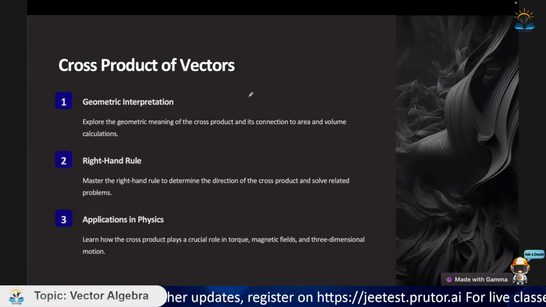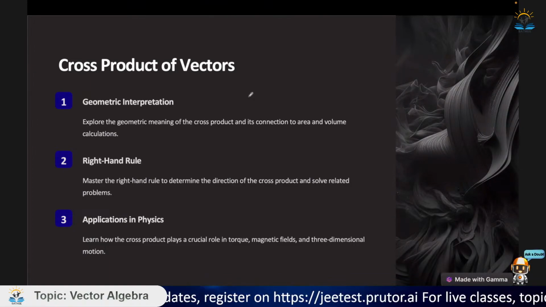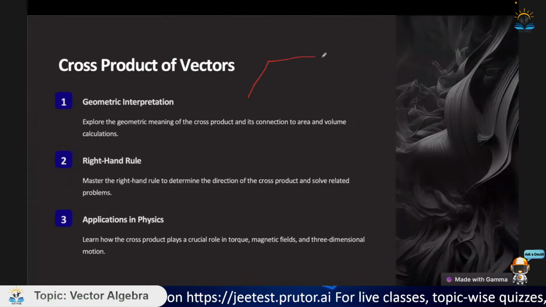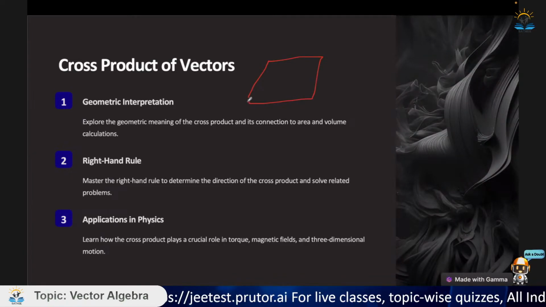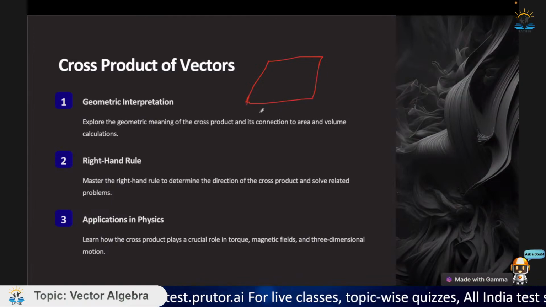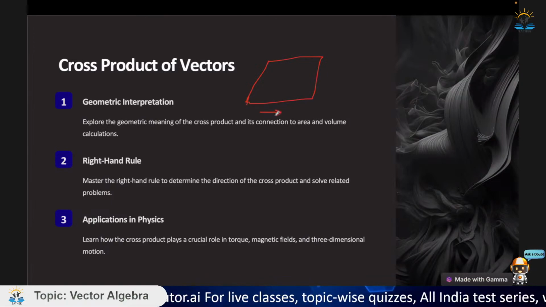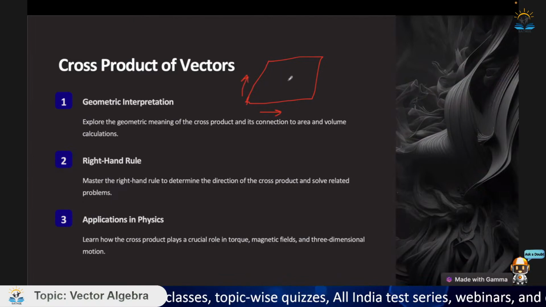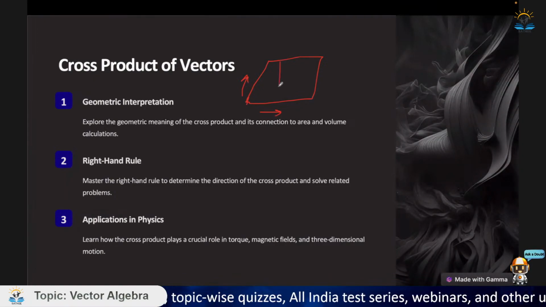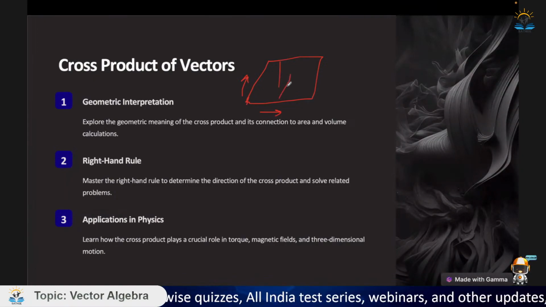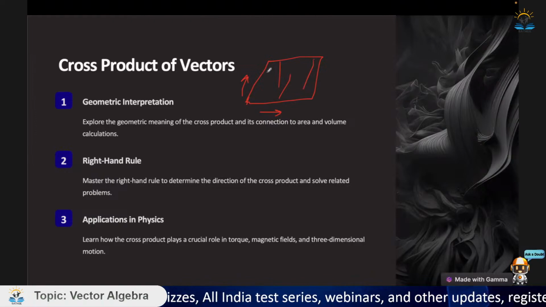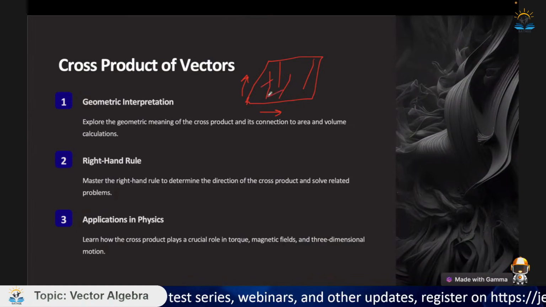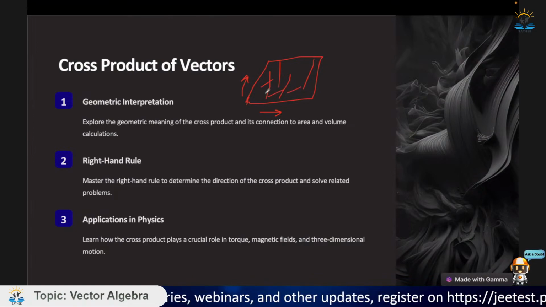The physical significance is that if a vector and b vector are the sides of a parallelogram, okay, this vector is a vector and this vector is b vector, then what is the area of this whole parallelogram? The area is a vector cross b vector.